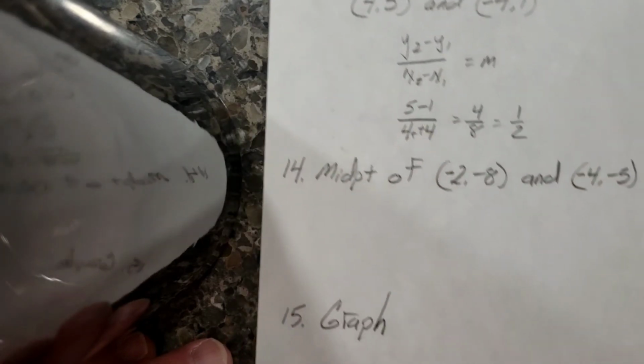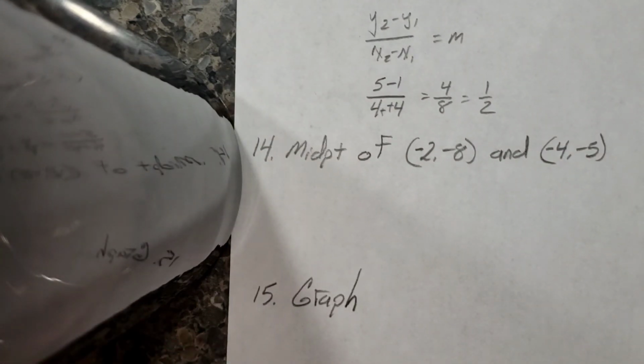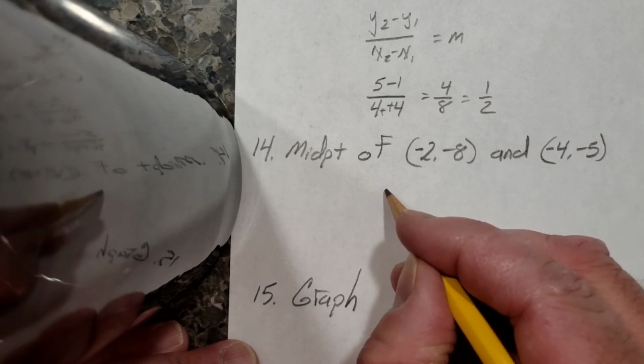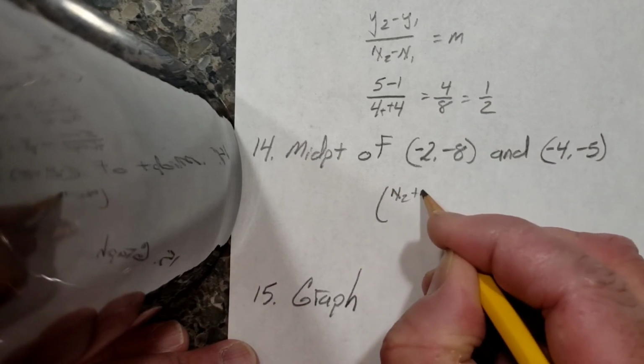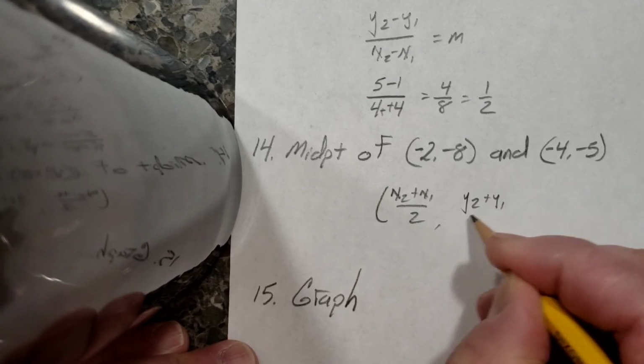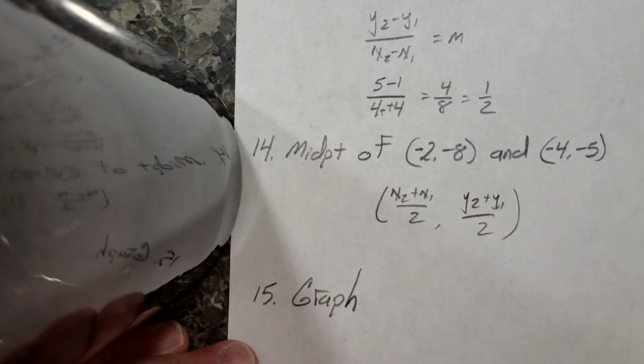Okay? Now the midpoint, 14, midpoint of these two, your midpoint formula, x2 plus x1 over 2, y2 plus y1 over 2. You're basically taking the average of what you have.